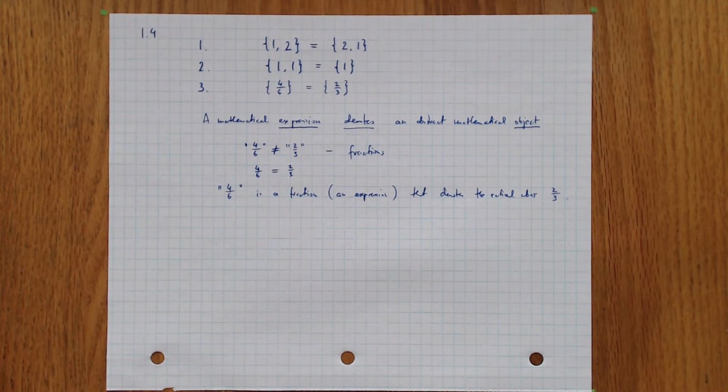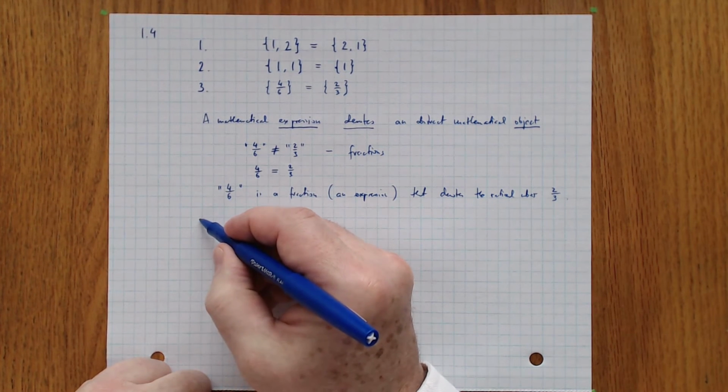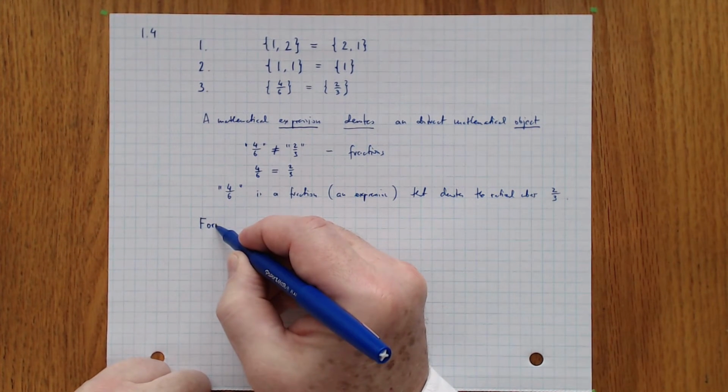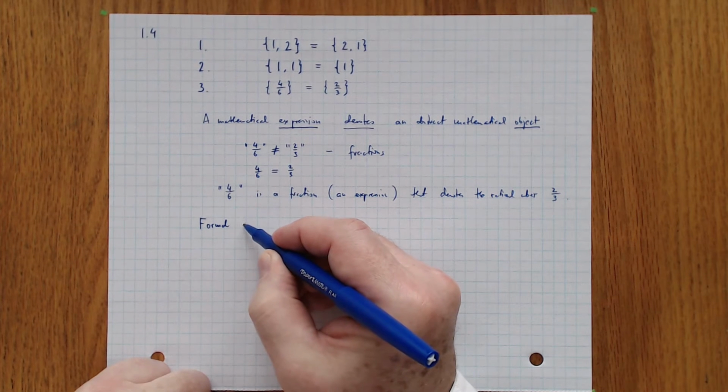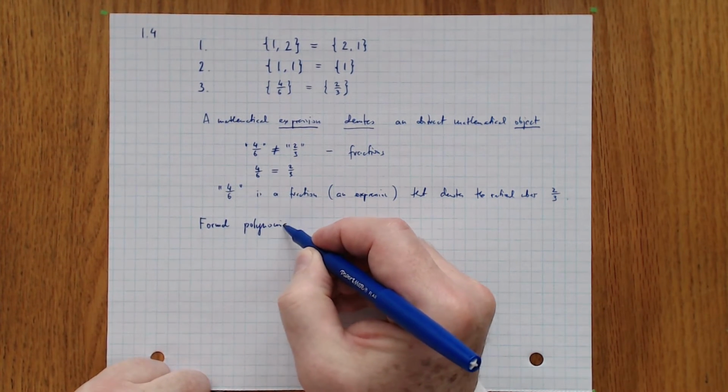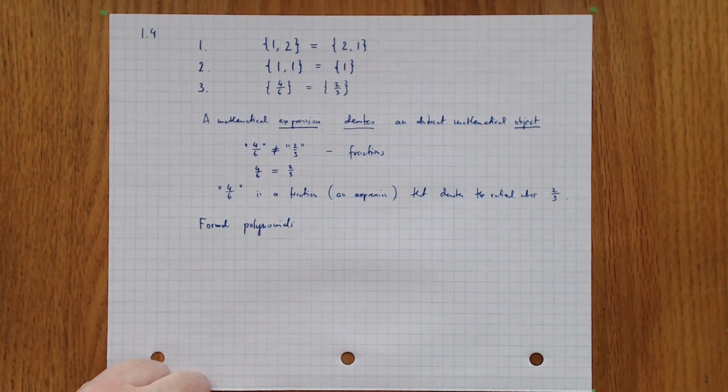Let me give you one more example of expressions and mathematical objects. An example not directly related to set theory. In mathematics, we discuss sometimes so-called formal polynomials.